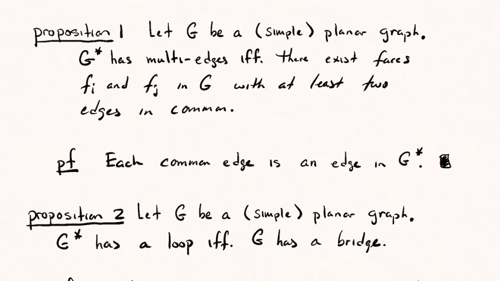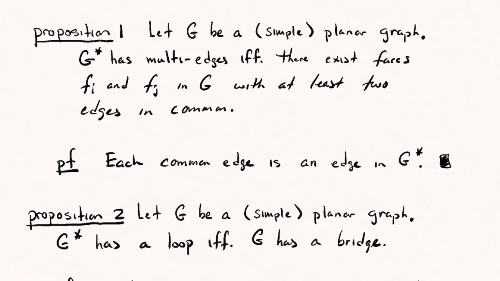The first one, I'll just narrate it for you. When I'm saying a simple planar graph, I just mean no loops or multi-edges. So I'm emphasizing that if you take a simple planar graph, then its dual will have multiple edges if and only if there are faces, Fi and Fj, in your graph that have at least 2 edges in common. And that's just an obvious observation, because what would a multi-edge in G star be?